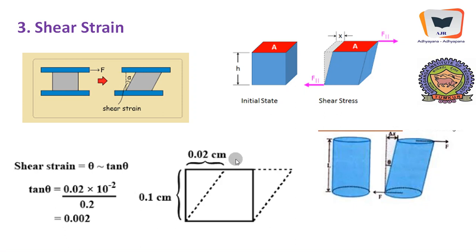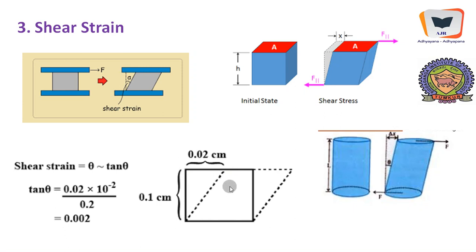The dislocation, the change in a point, this is the point and now it is over here due to application of the shear. Therefore, this is the magnitude of dislocation with respect to the height.